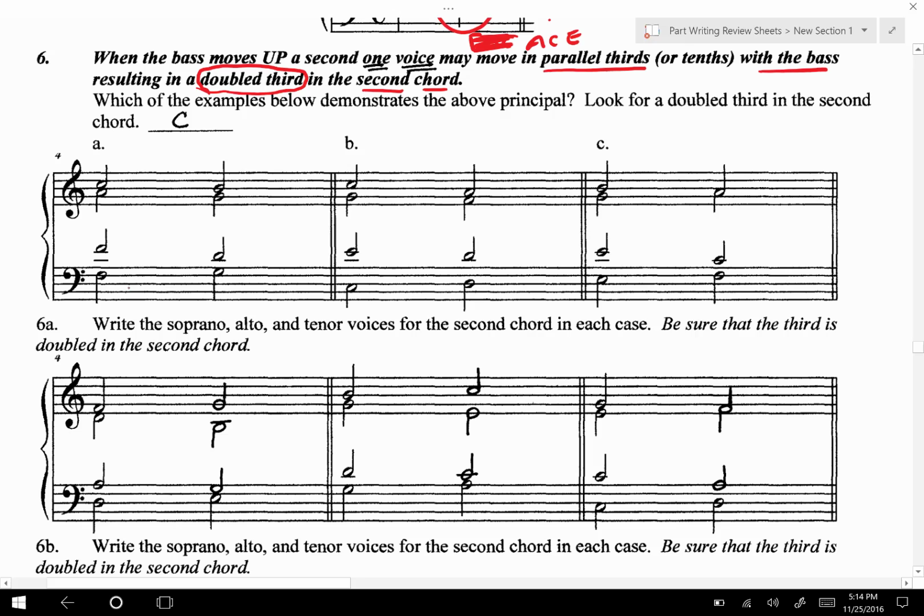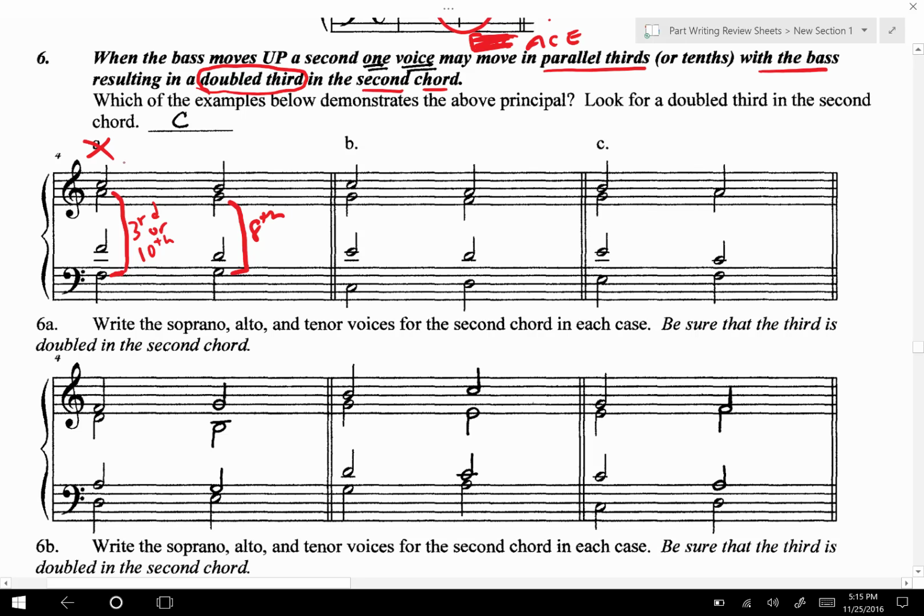So let's see. So here's an F in the bass, so a third above an F would be an A. So let's compare bass with alto. Bass with alto. So there's our third, or our 10th, depending on how we want to look at it. And here is not so much a third or a 10th. That looks like it's an 8th.